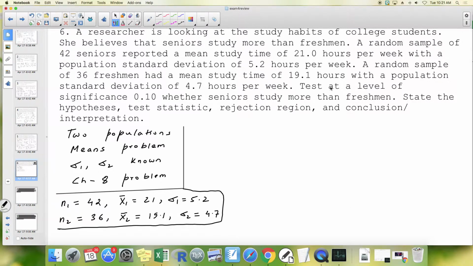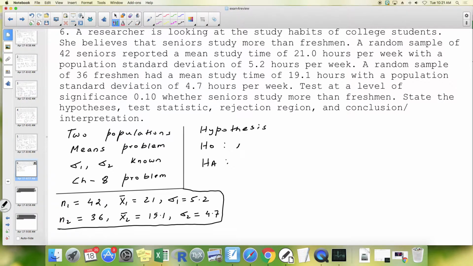Next, state the hypothesis, which is H naught, HA. So it's a two population problem and a means problem.